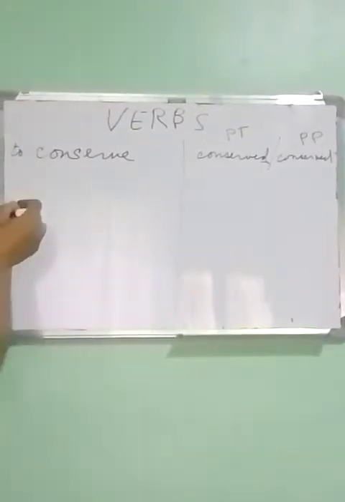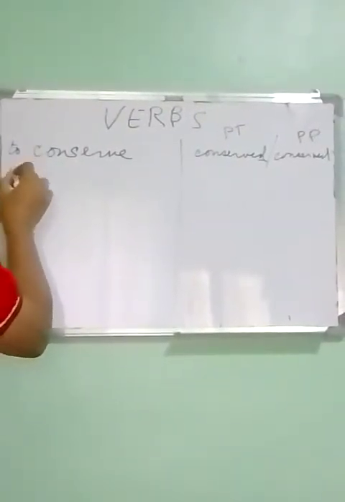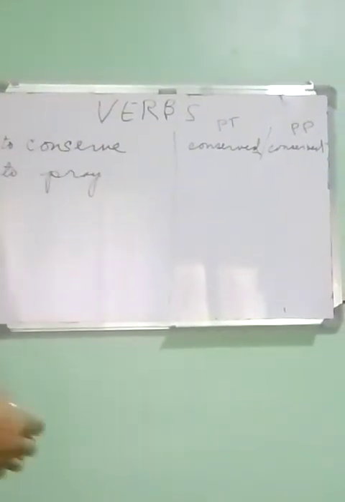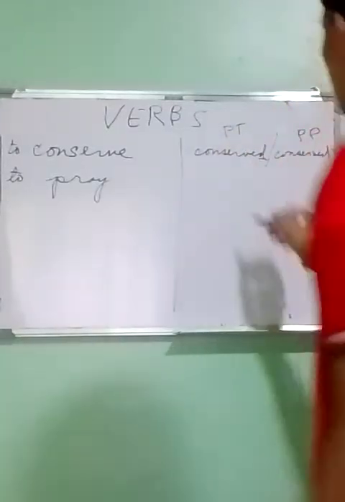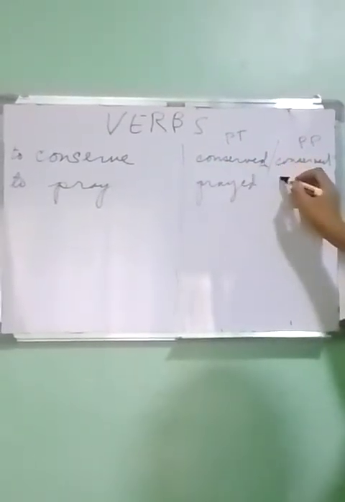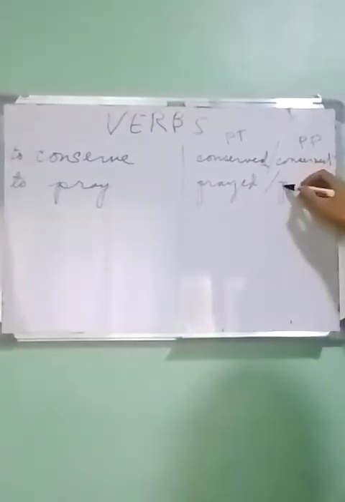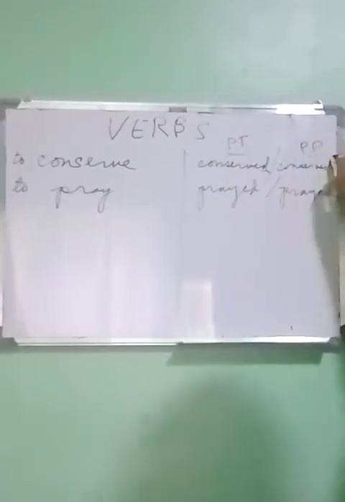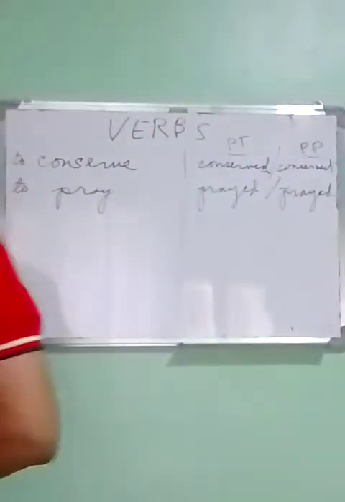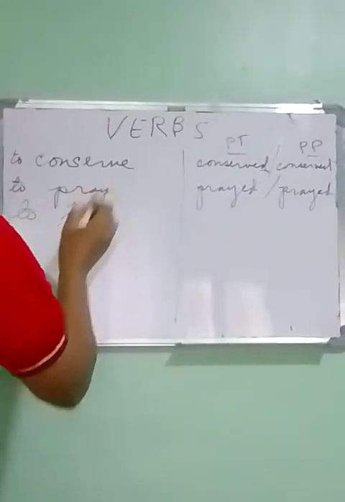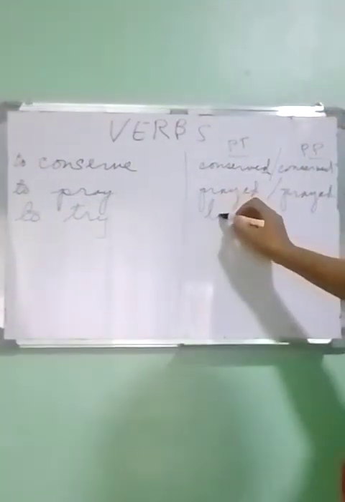Now, what if your verb is to pray, for instance? So the past tense of to pray is prayed. And the past participle is also prayed. No? The same. So these are regular verbs. Let's take another one. To try. The past tense of the verb to try is tried.